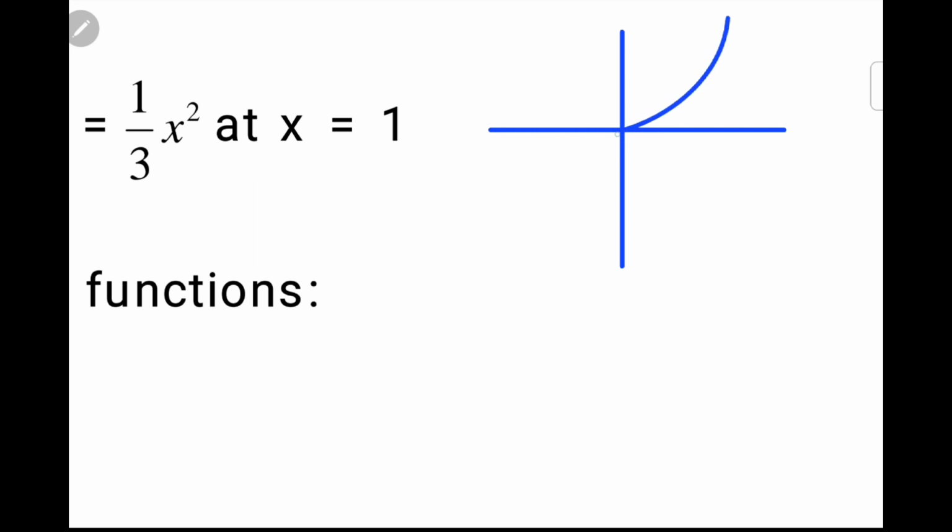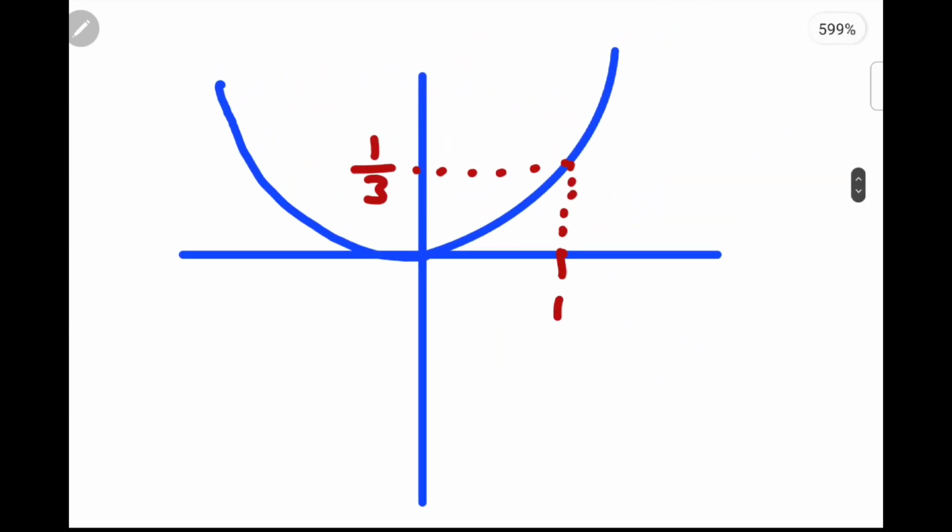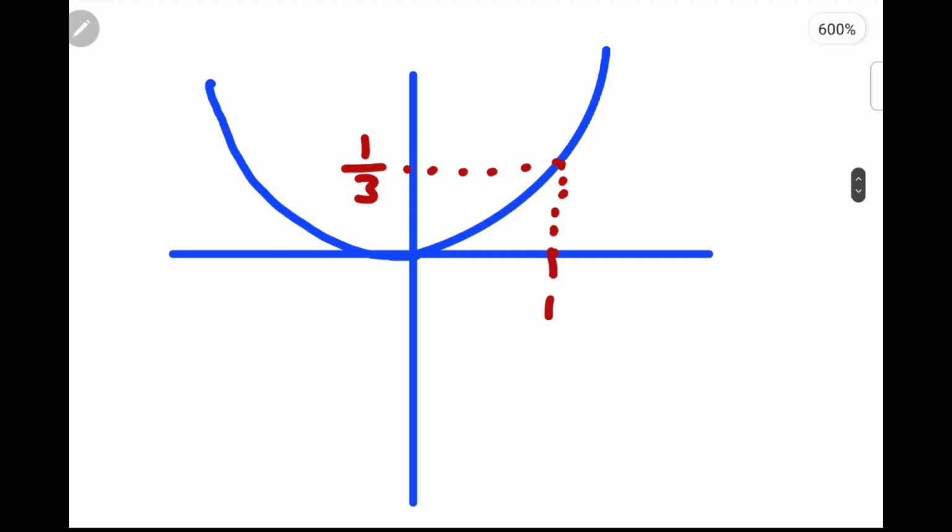The function looks like this, and at x equal to 1 there will be a point which is 1/3. They are asking us to find the tangent line at this point. You can see that the slope is positive.